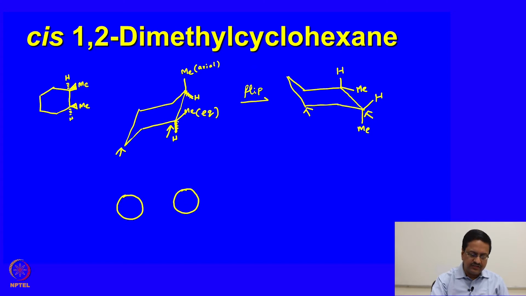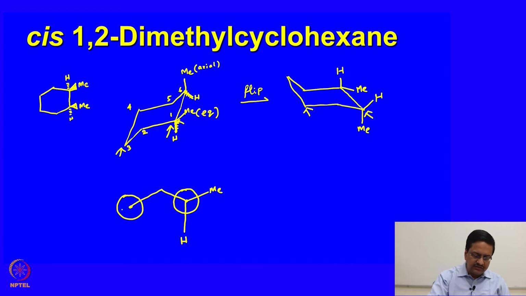On the first carbon, I have a methyl group in the equatorial position. This hydrogen is in the axial position. Then it connects to this carbon. Suppose I number it as 1, 2, 3, 4, 5 and 6. So it connects to carbon 3 like that.